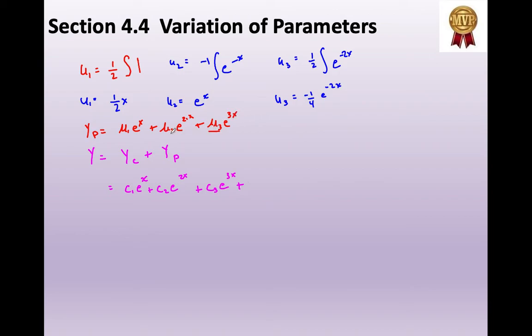We found u1, u2, and u3, so we need to add that down here. But we need to fill in the u's, right?